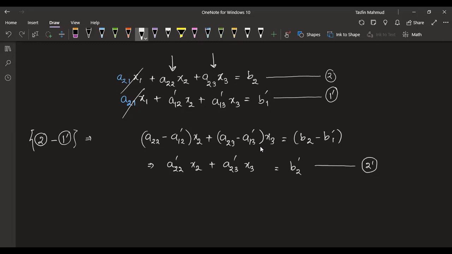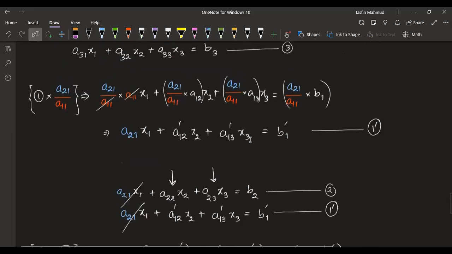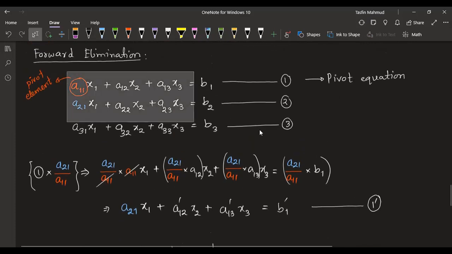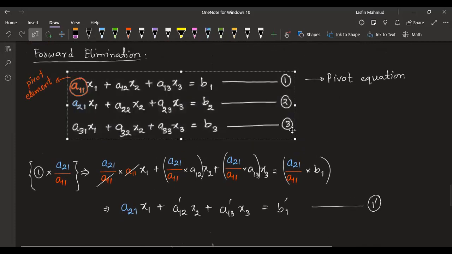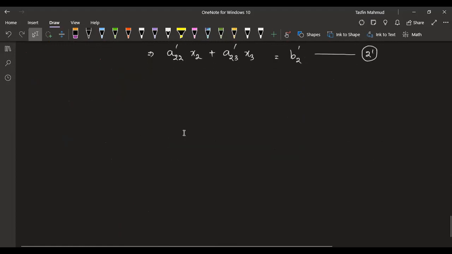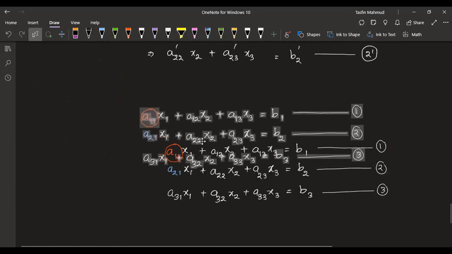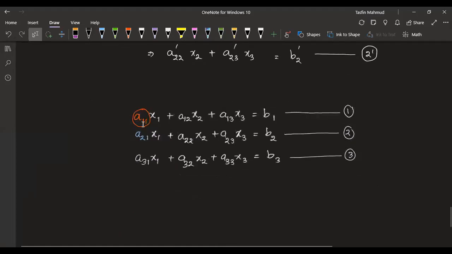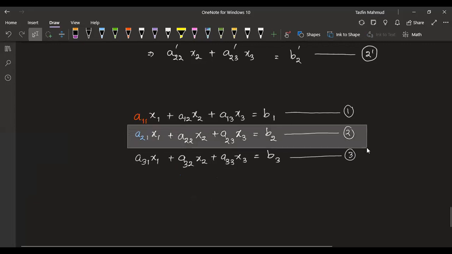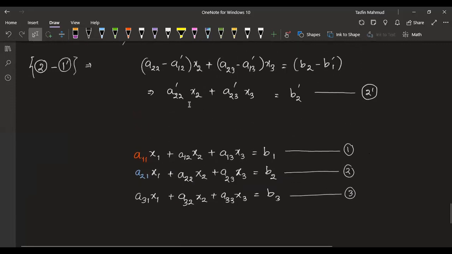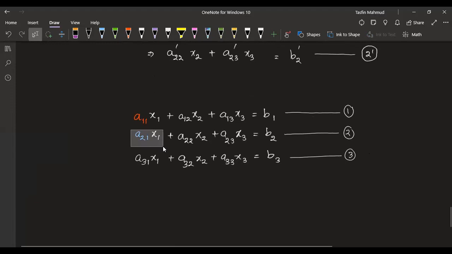Okay, so what have we done so far? We had this system of equations. Let me copy this here. We had this system of equations, and instead of equation number 2, we are going to use this 2 prime equation now, because we have eliminated this term from here.